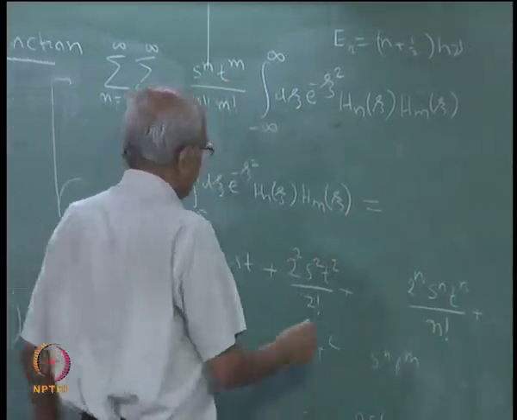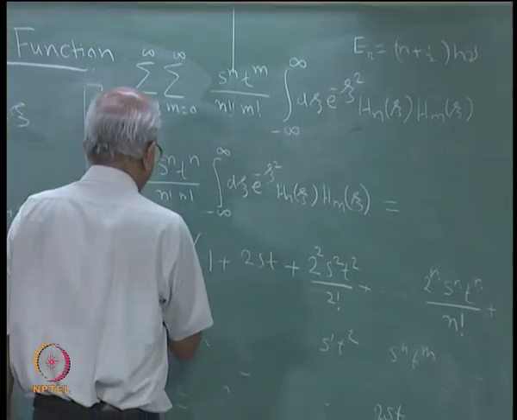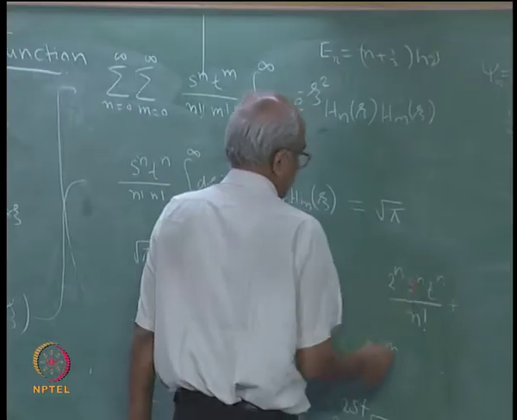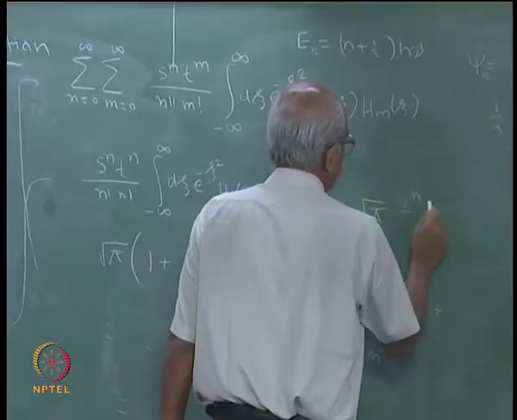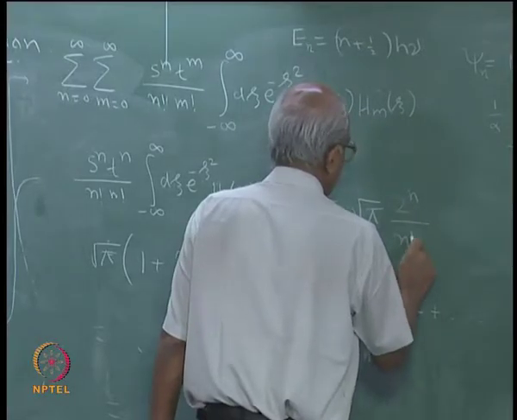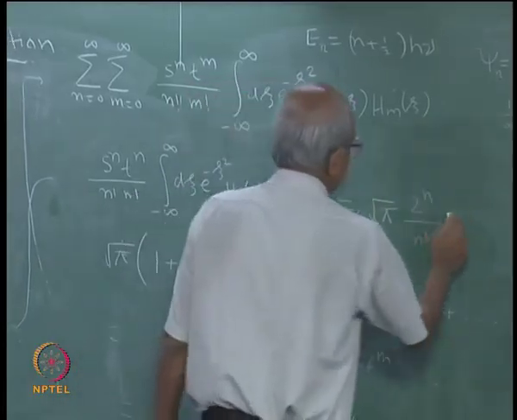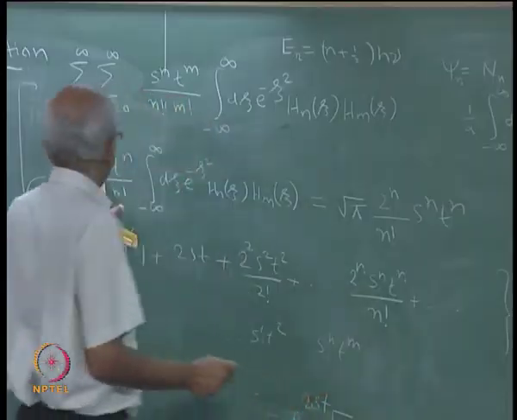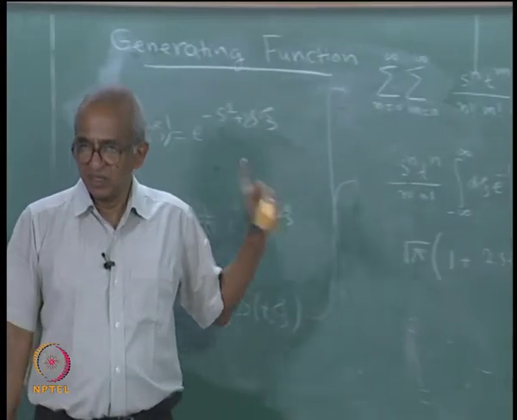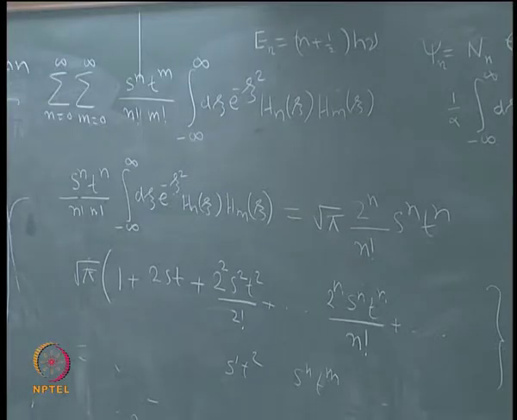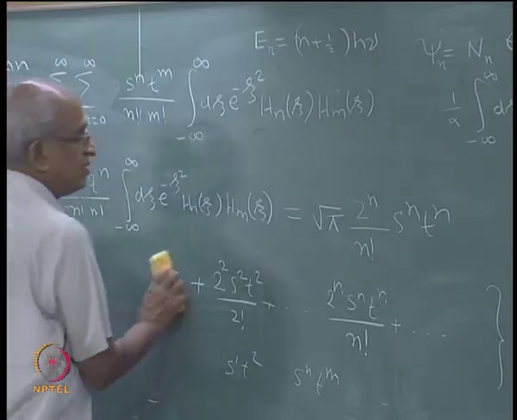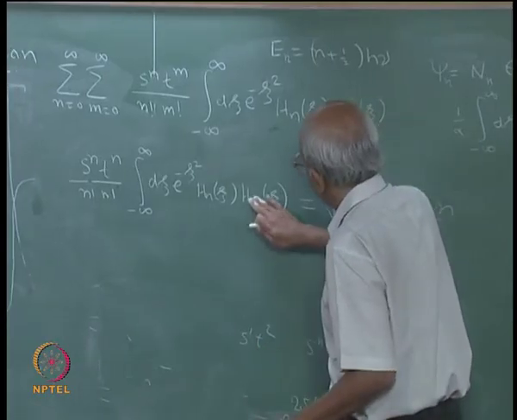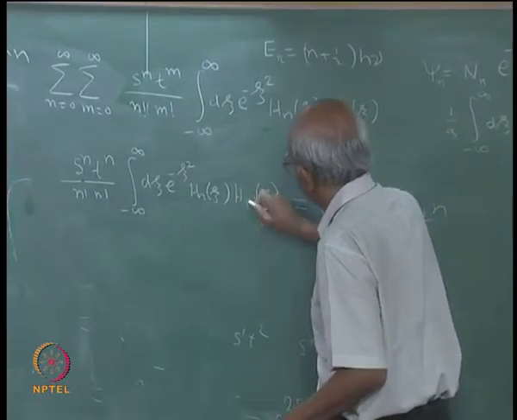You will have the square root of pi which was sitting there, two to the power of n divided by n factorial with, of course, s to the power of n t to the power of n, because I have put s to the power of n here and t to the power of n there. So, this is what is going to happen, and obviously that means, well, I have made a slight mistake, it is not m, but I have put m equal to n. So, there is an n here.